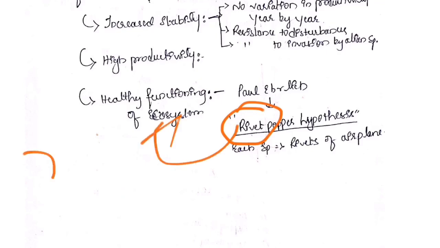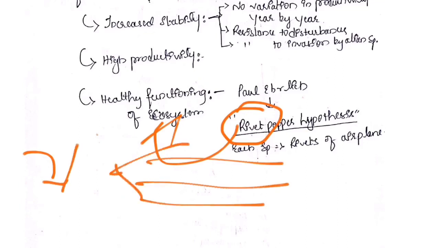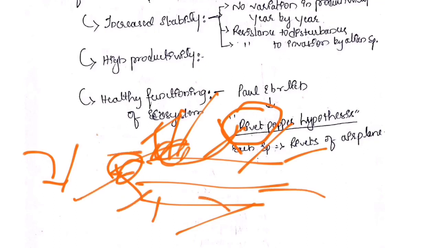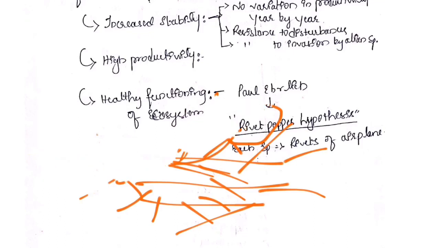If we remove one rivet or one bolt from an aeroplane, nothing will happen. If you start to remove all the rivets, then this aeroplane cannot fly. It will fall down.